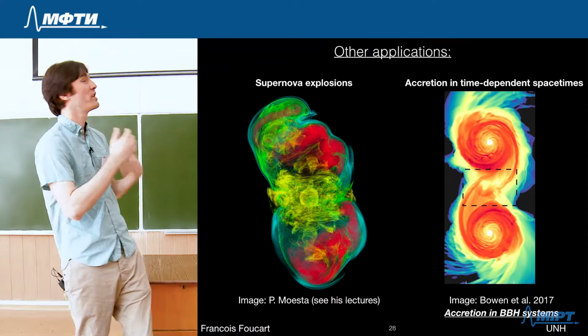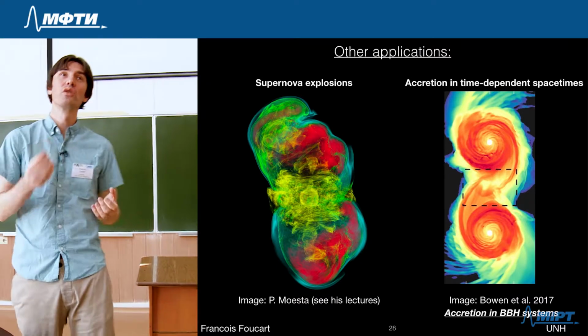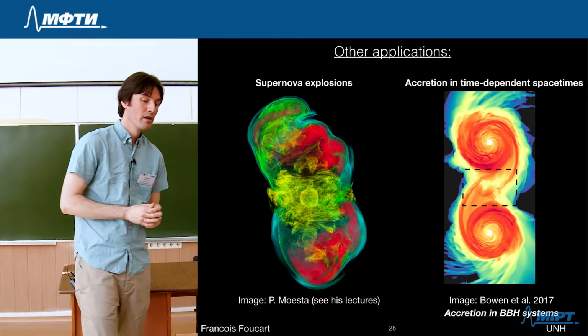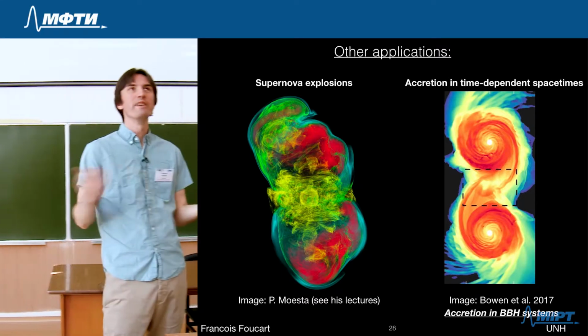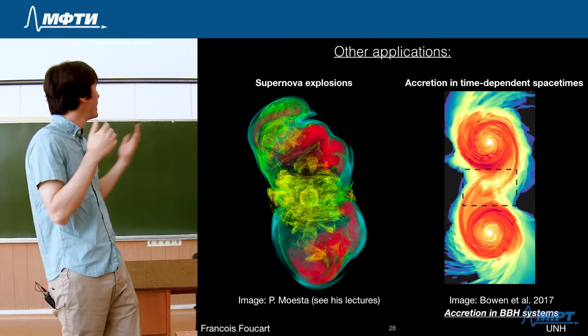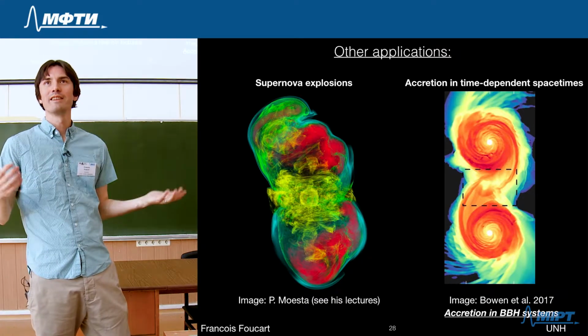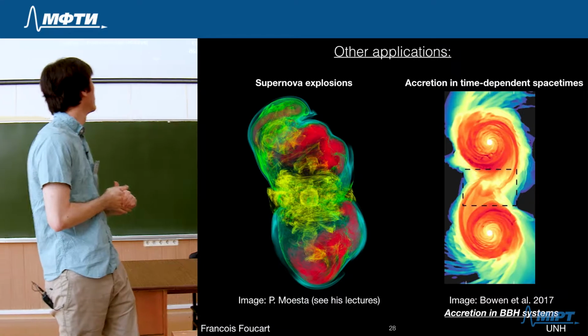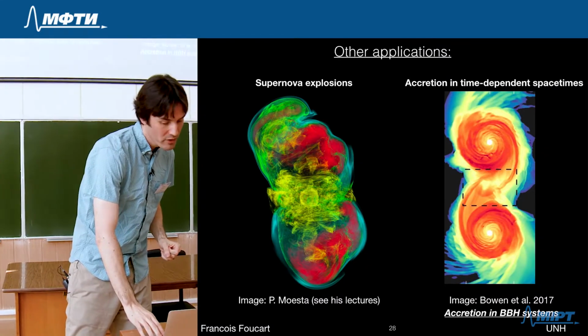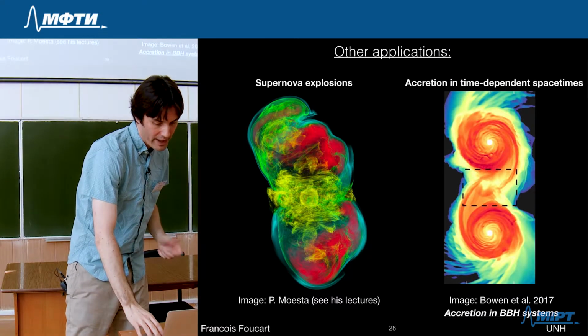And so getting better predictions for what that signal should look like is an important objective. We think that there should be supermassive black hole binaries around us somewhere because they are a natural result of galaxy merging, but it's hard to prove for sure with current observations. There are candidates.